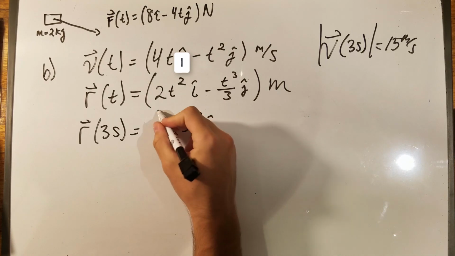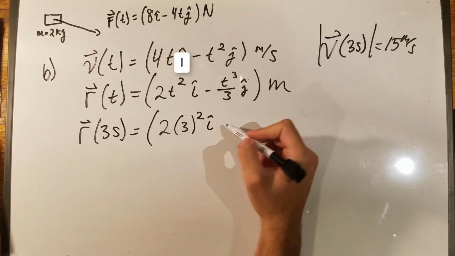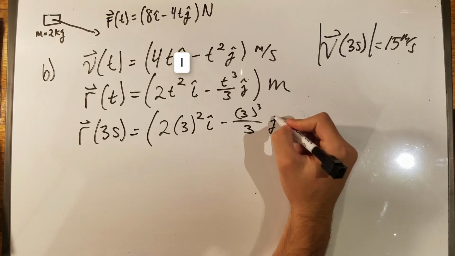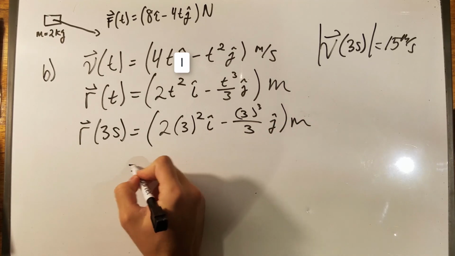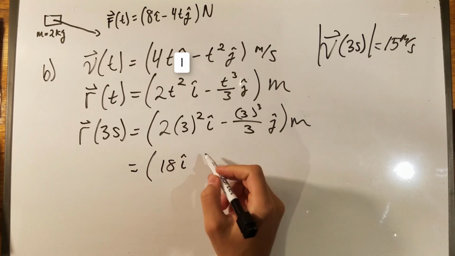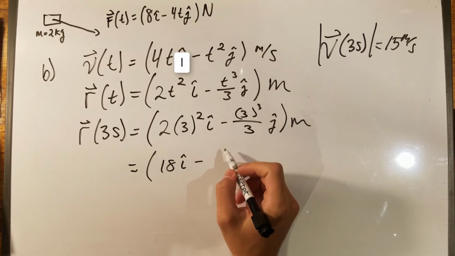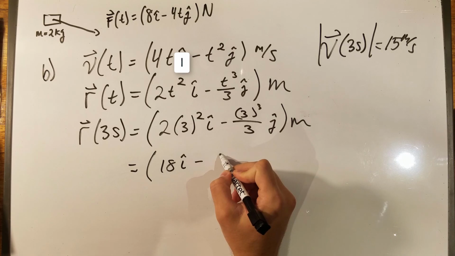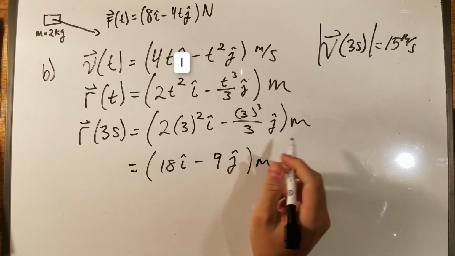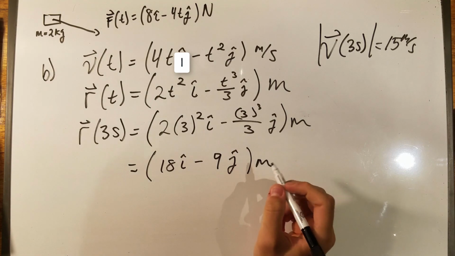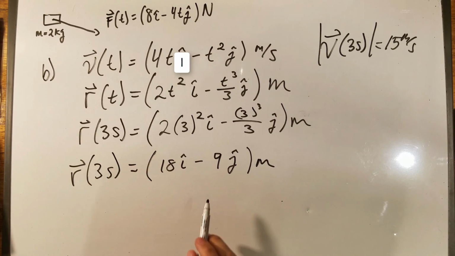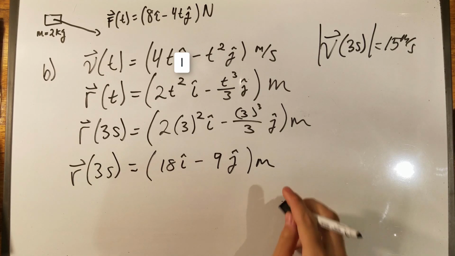So that's 2 times 3 squared i, minus 3 cubed over 3 j meters, and that would equal 18i minus 9j meters. There you go. So that's your answer for part B, because it just asks for the vector.